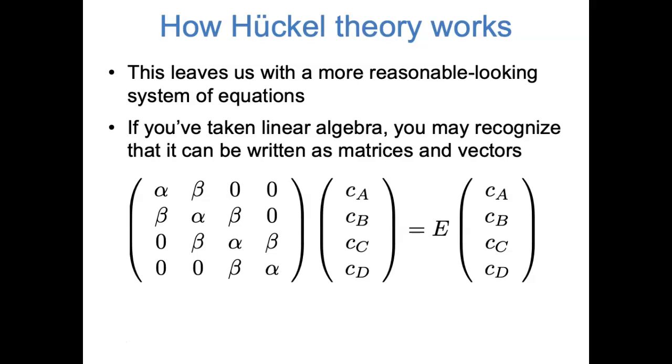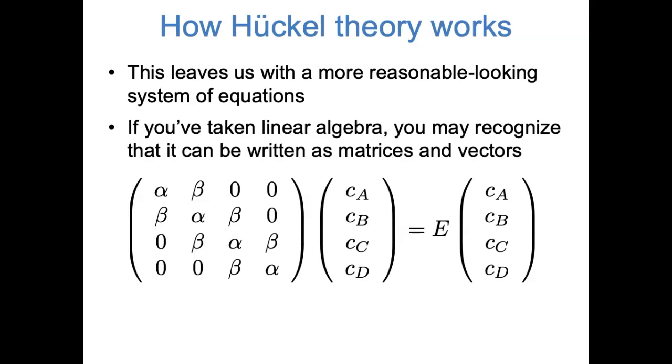What we have here is a 4x4 matrix, the Huckel Hamiltonian matrix, that has all the alphas, betas, and zeros that we talked about, multiplied by a column vector with Ca, Cb, Cc, and Cd, the atomic orbital coefficients.